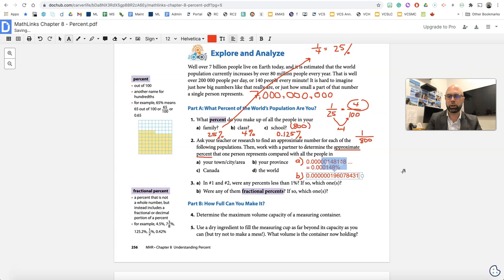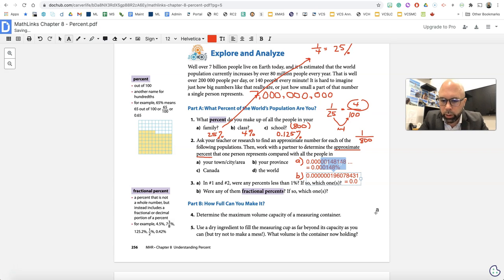What a bizarre number. Unfortunately, it's getting a little bit messier than I would like. Remember, we're basically just moving this decimal place over 2 spots, and that's going to be the percent.